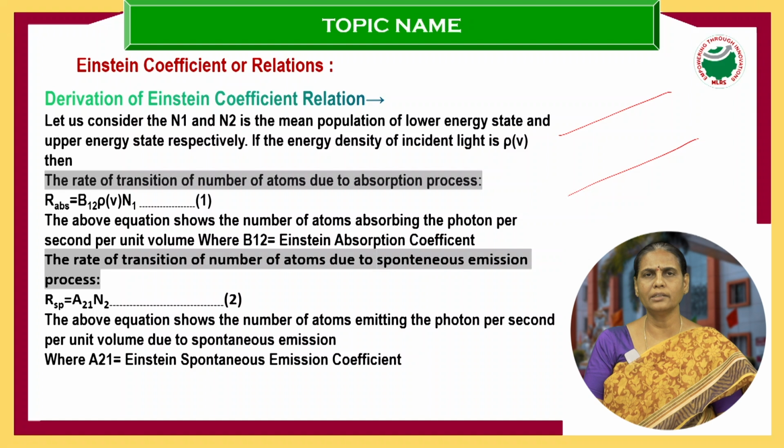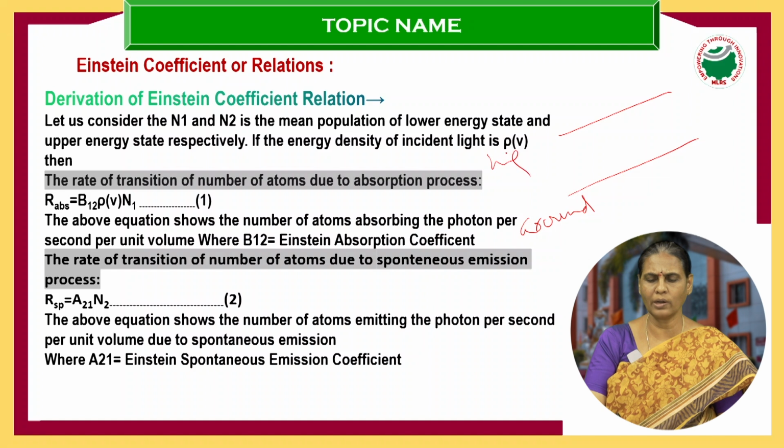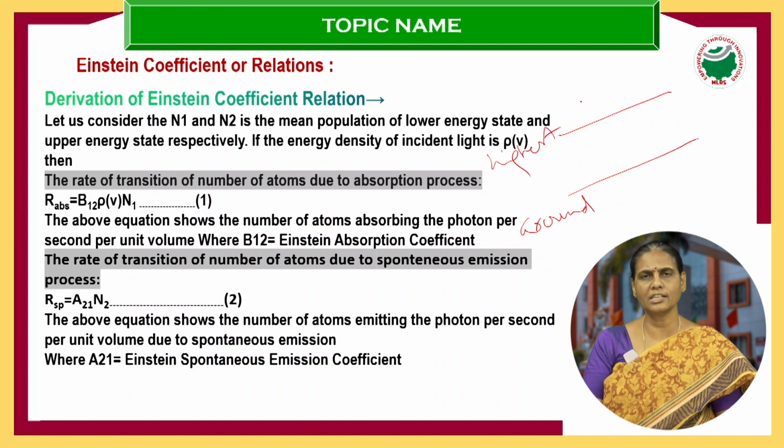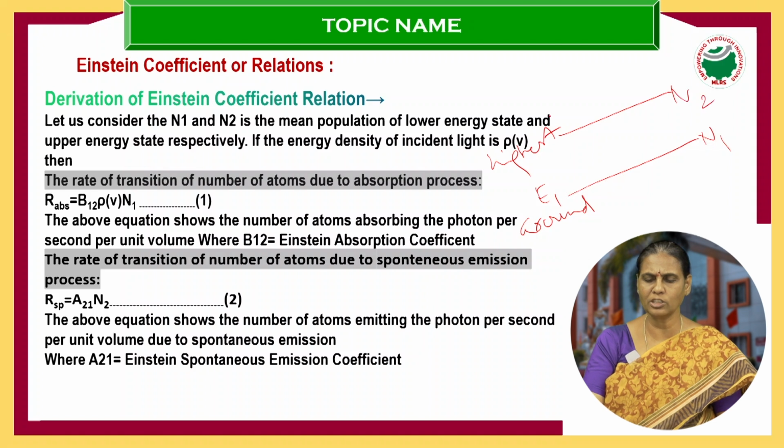Let us name these energy levels: the lowest energy level is called the ground energy level, and the second energy level is called the highest energy level, or you can also call it the excited state. Now let us assume that there are N1 number of atoms corresponding to energy E1 in the ground energy state and N2 number of atoms corresponding to energy E2 in the higher energy state.